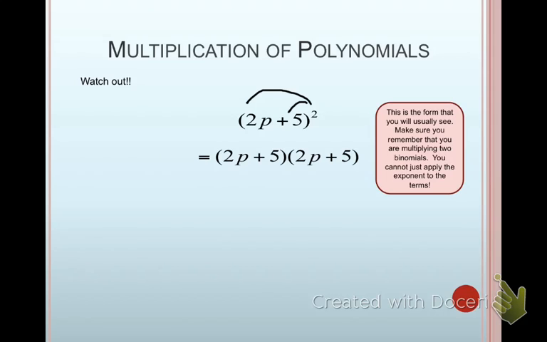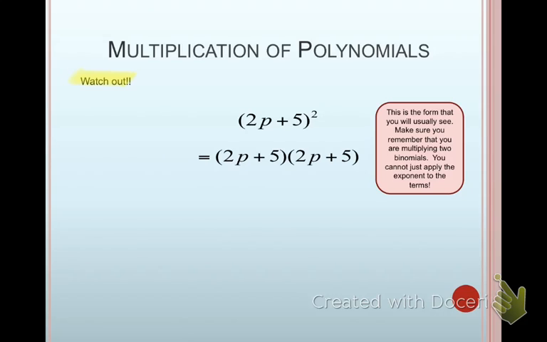Don't do it. You were allowed to do that in the beginning of this unit because everything inside the parentheses was connected with multiplication or division. But because you have this addition here, you are not allowed to do that. It means 2p plus 5 times 2p plus 5. So make sure you're not falling for that trap and watch out.